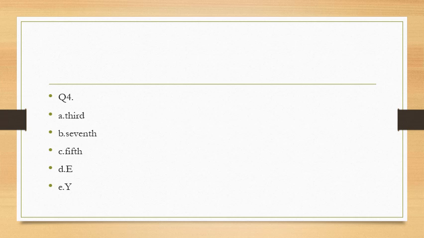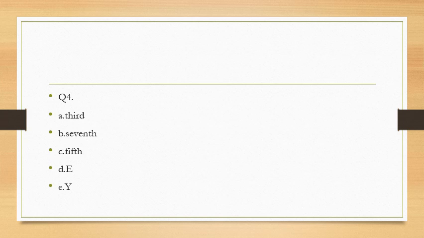Now next E part children. In Bharatnatyam, the 10th letter is dash. So children, in this part, you will see the spelling of Bharatnatyam and you have to write which is the 10th letter.